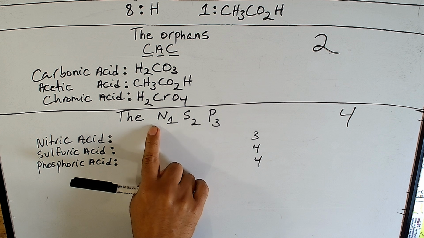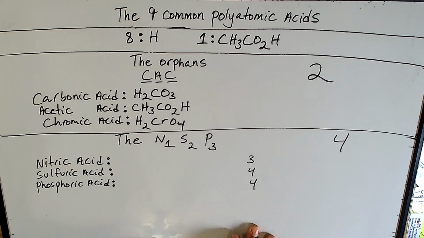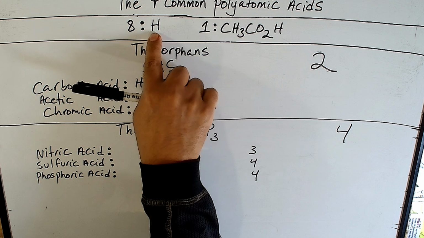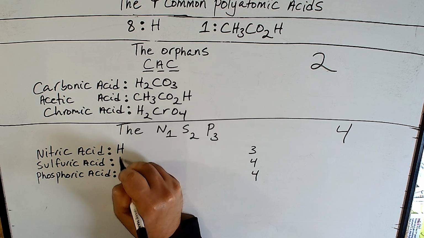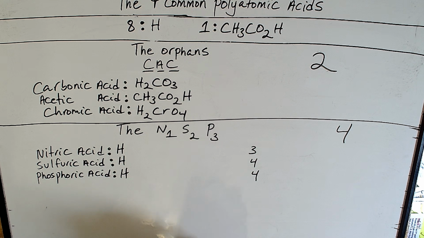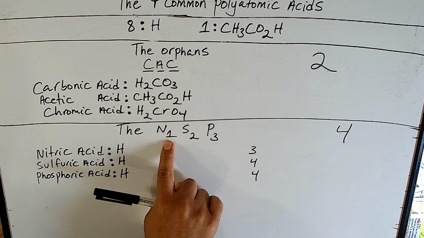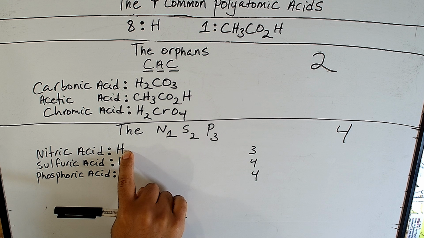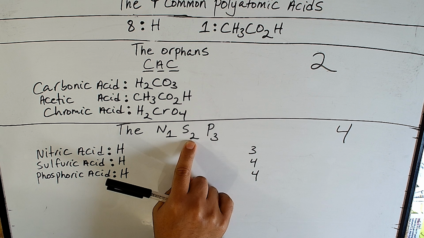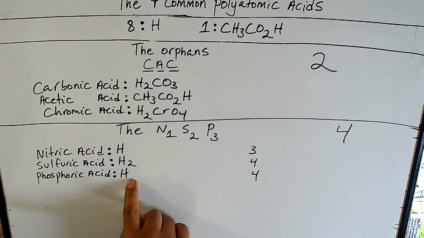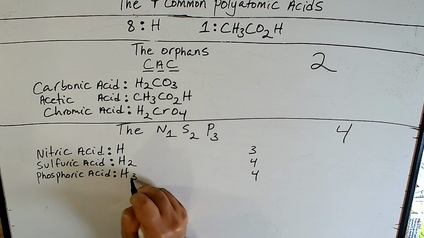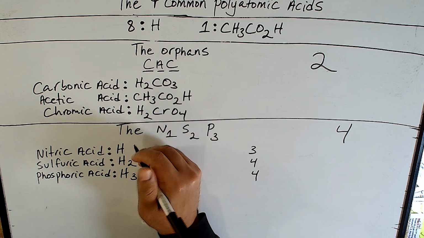And now, remember what I said about the chemical formulas. I start 8 of them with the H. So I'm going to write my H's. Why did I write these numbers? Because there's a 1 understood here. And then this one has a subscript of 2. The next one has a subscript of 3. And then I write the rest.